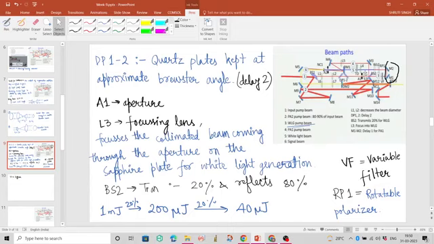After this L4, the white light, shown in blue color, hits DM1, which is again a dichroic mirror, and from there it goes through this aperture and hits NC1. NC1 is our nonlinear crystal.